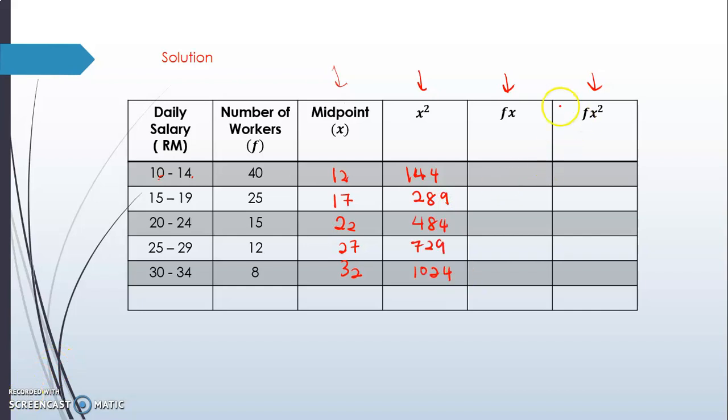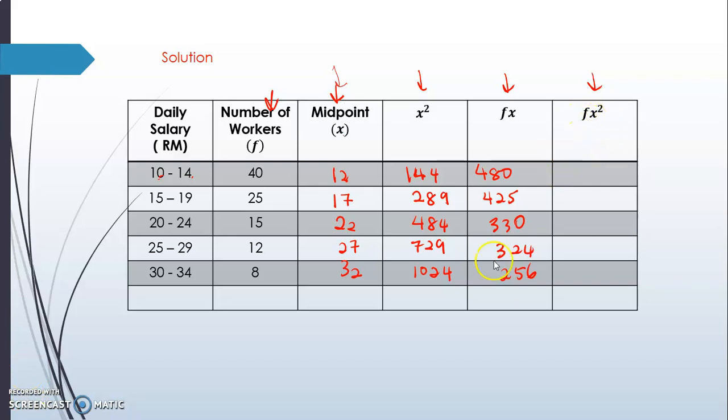Next column we have fx. Fx means frequency multiplied with midpoint. So 40 times 12, you will get 480. And then 25 times 17, 425. 15 times 22, 330, and so on. And the last column we have fx squared.